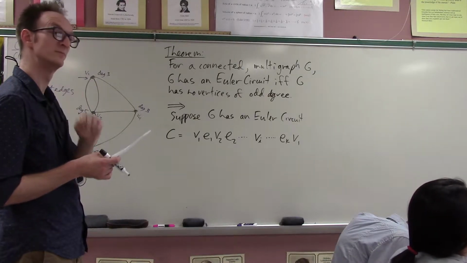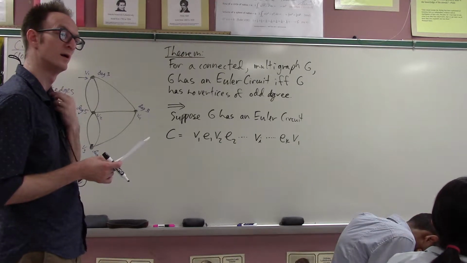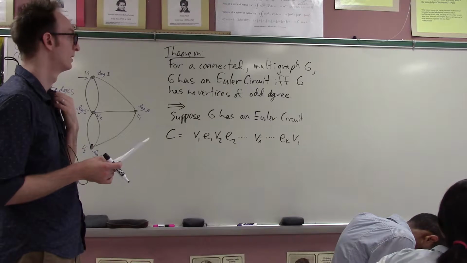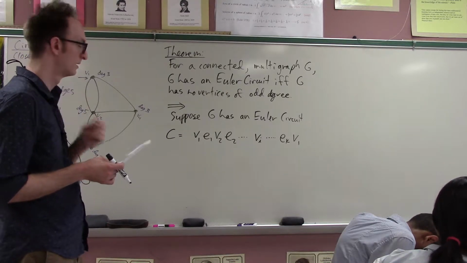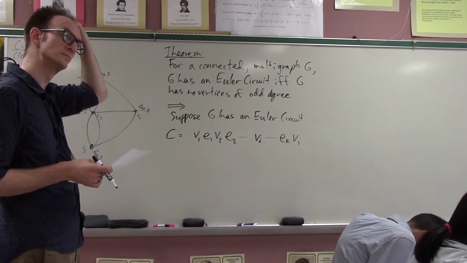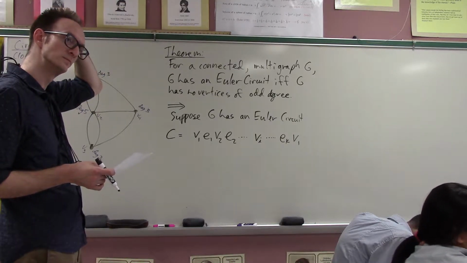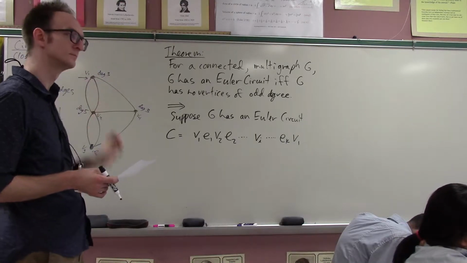Two different edges, and you know that because you said that G is an Euler circuit, so there can't be any other edges that aren't listed in this sequence.